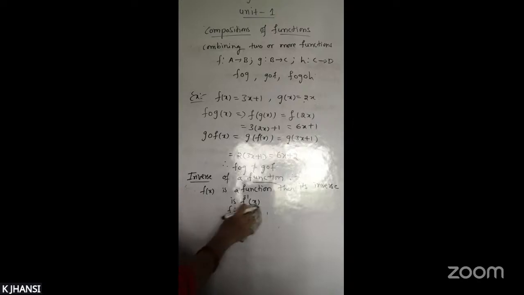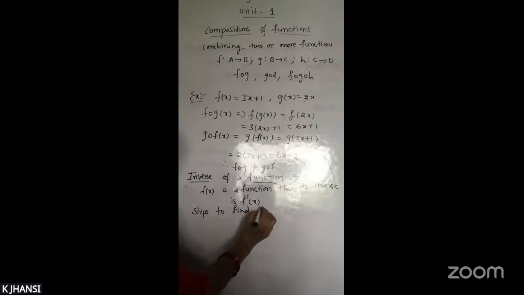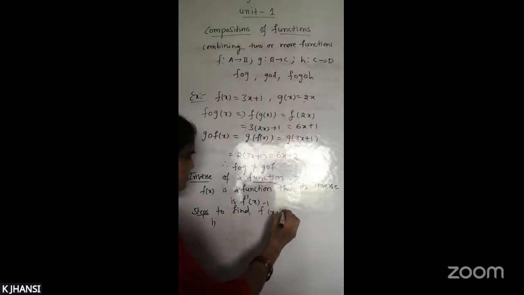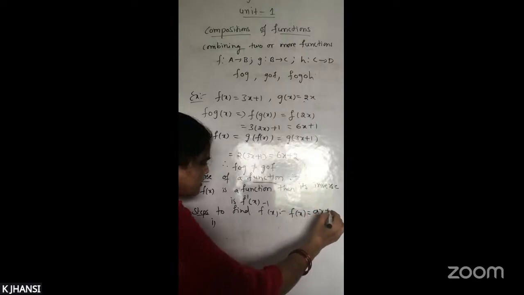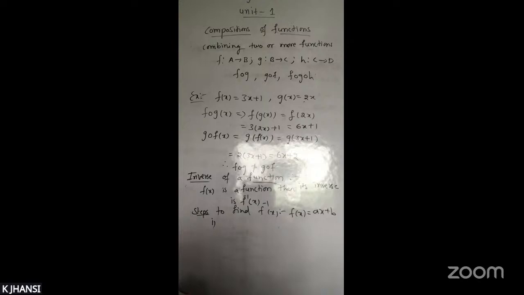And here, steps to find f inverse of x. First one: f of x will be given like this, f of x equals ax plus b.